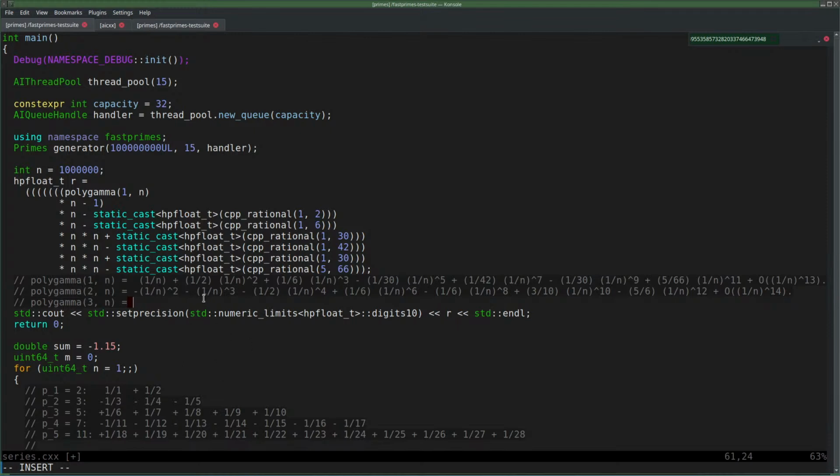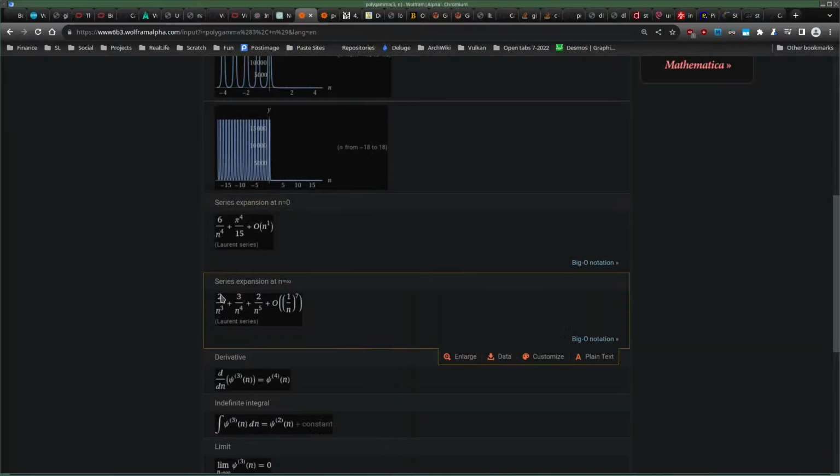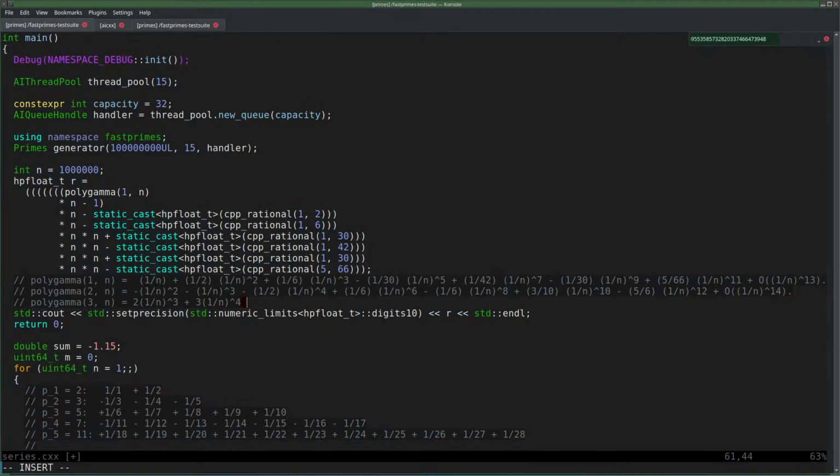Minus 2 times that is 2 to the power 3 times minus 3 plus 3 times 1 divided by n to the power 4. Are we on track yet? So far 2, yep, and 3, yes.